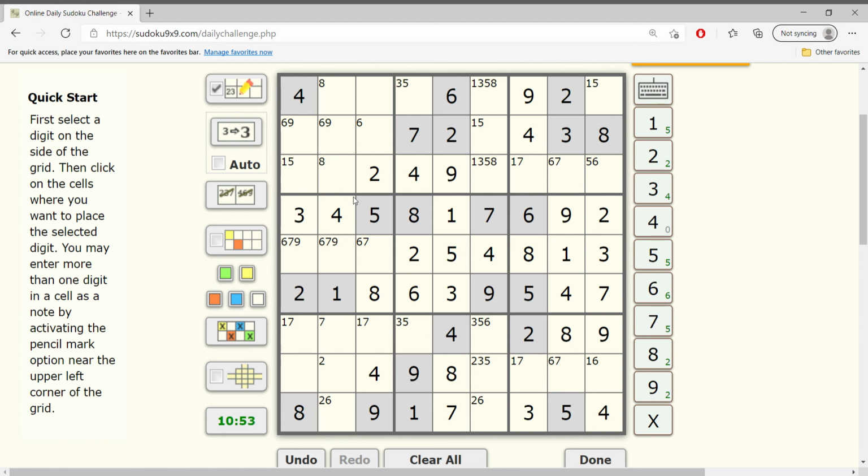Okay. And this cell right here cannot be 1, 2. It can be 3. Cannot be 4. Can be 5 again. Cannot be 6, 7. It can be 8. Obviously cannot be 9. So this is 3, 5, 8. Okay. That's interesting.